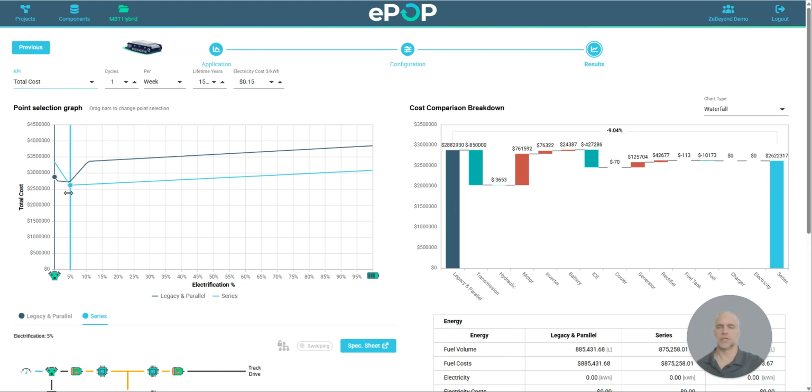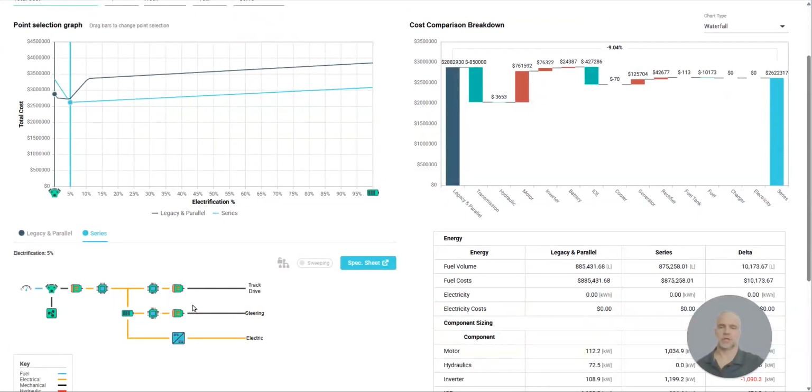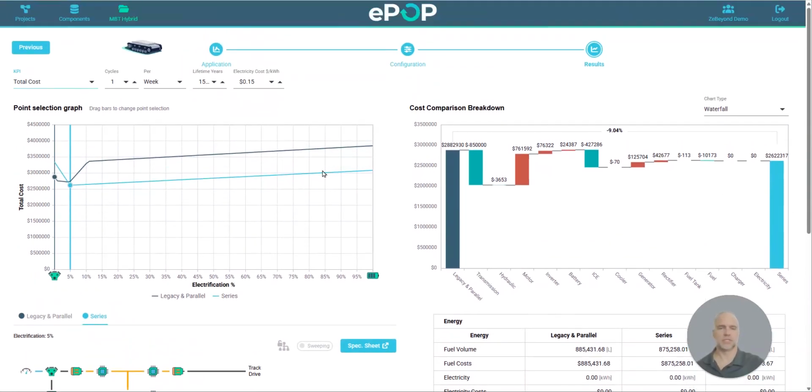So it's interesting to know that while going to a series powertrain, it includes increasing the efficiency of the internal combustion engine, but it also includes decreasing efficiency of this electric only path. So there's counteracting forces, and it's kind of neat to be able to see how those counteracting forces change things on the electrification spectrum. So this here is really the total cost of ownership advantage.